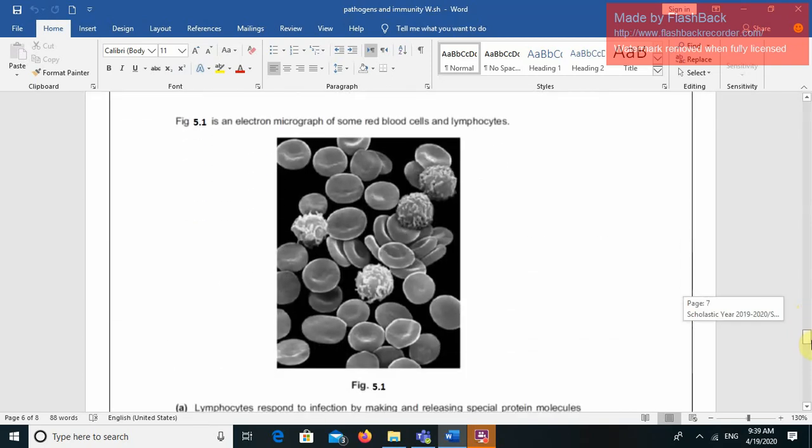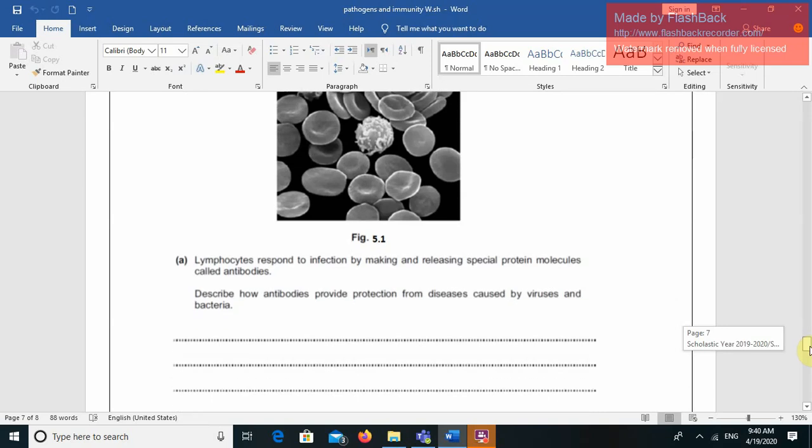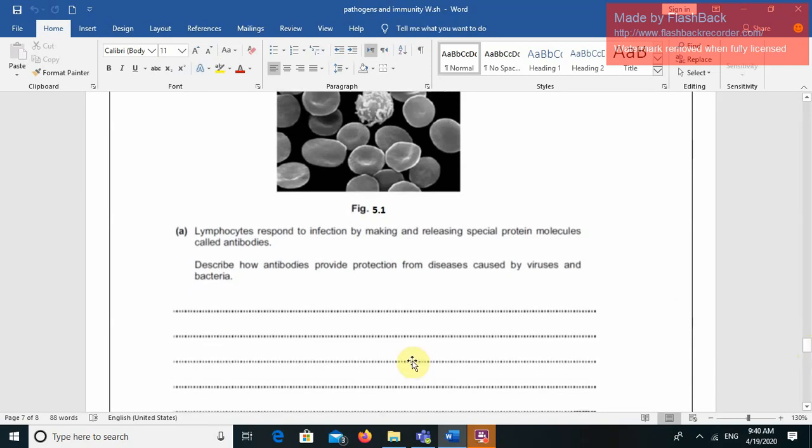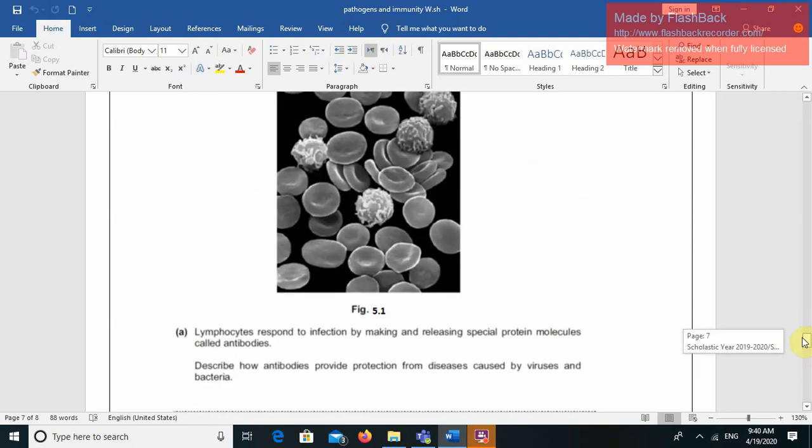Number 5, an electron micrograph of some red blood cells and lymphocytes. Here are red blood cells and here are lymphocytes, white blood cells. Describe how antibodies provide protection from diseases caused by virus and bacteria. Here the question also talks about active immunity, but with fewer ideas than the questions before.